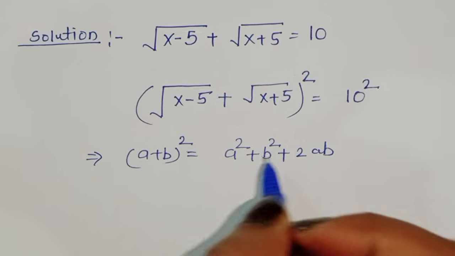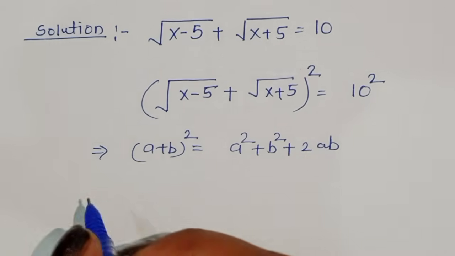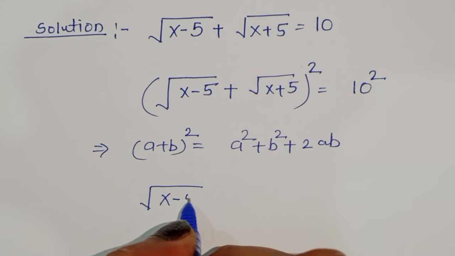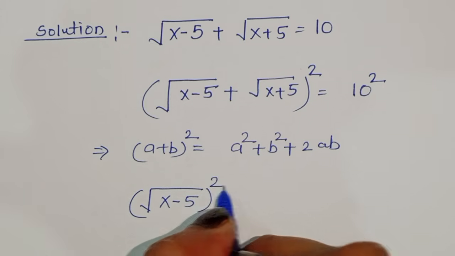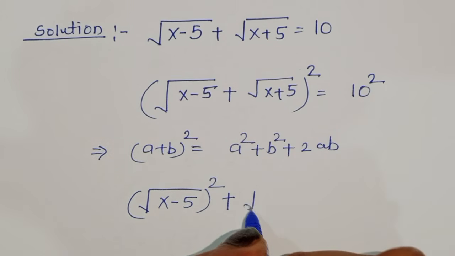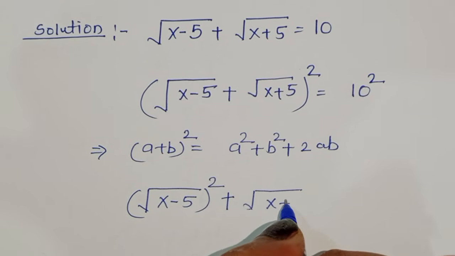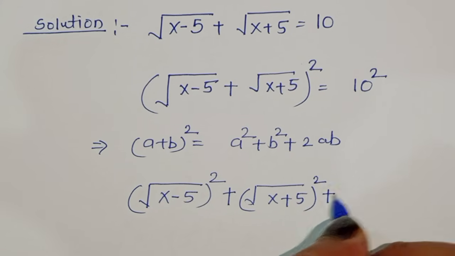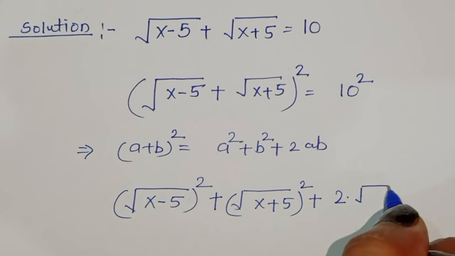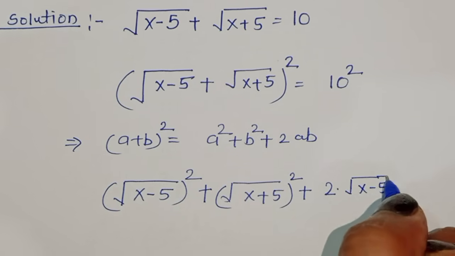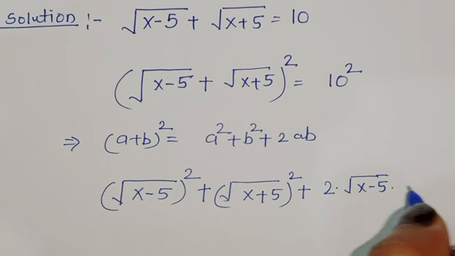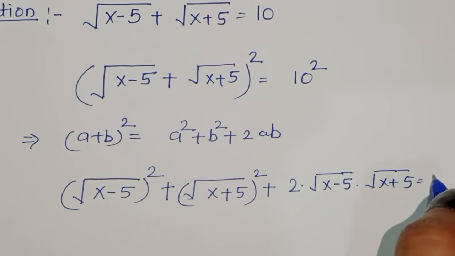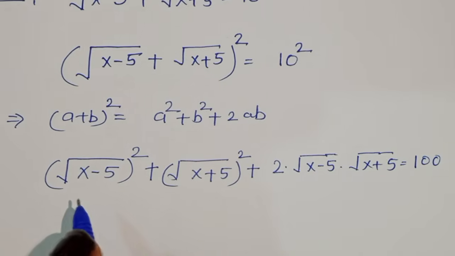So we can write square root of x minus 5 to the whole square, plus square root of x plus 5 to the whole square, plus 2 times square root of x minus 5 times square root of x plus 5, is equal to 10 square, that is 100.